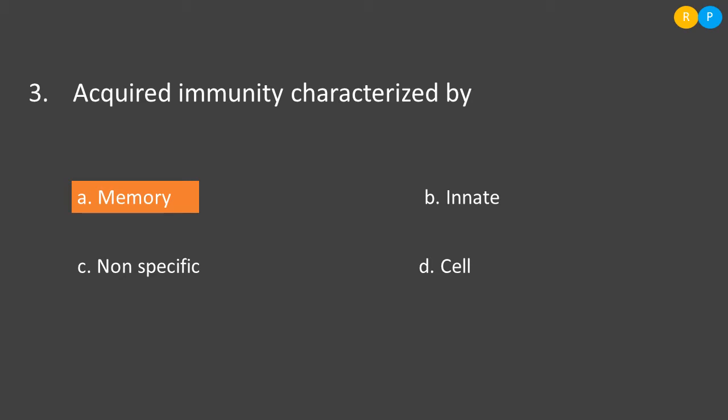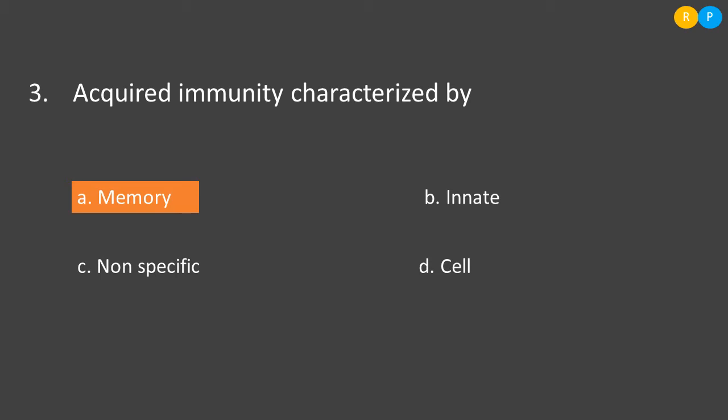As I said in the last question, acquired immunity is acquired during the lifetime of an individual. Clear? When we get exposed to new and different types of pathogens, our immune system develops a kind of immunity that is called acquired immunity. It will always work based on memory.